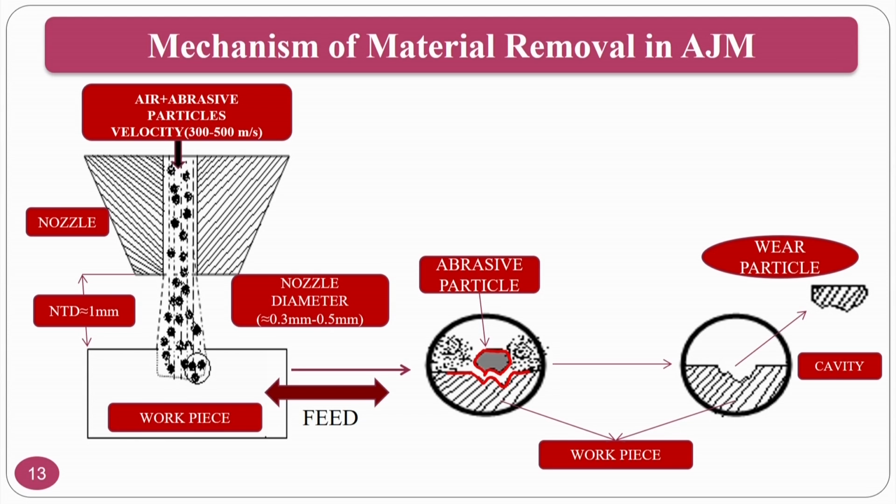If it is a brittle material, it goes out as a brittle chip like this. If it is a ductile material, the material removal goes by continuous deformation, then shearing, chipping and other things take place.